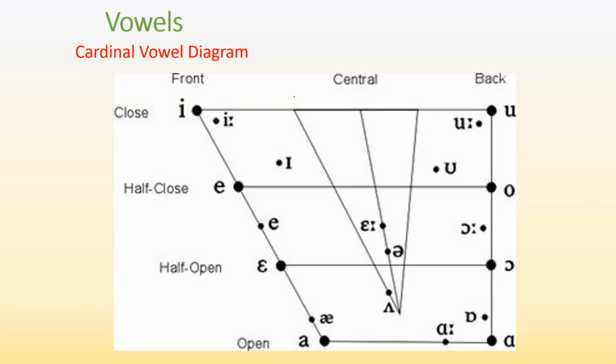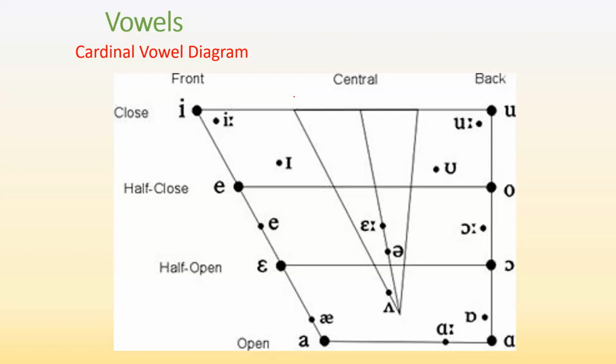So therefore, it's quite difficult, right? So there was a person called Cardinal. His name was Cardinal, and he invented this vowel diagram to solve that problem. To identify the location of vowels clearly, he came up with this diagram, and because he found it, the diagram is called the cardinal vowel diagram.